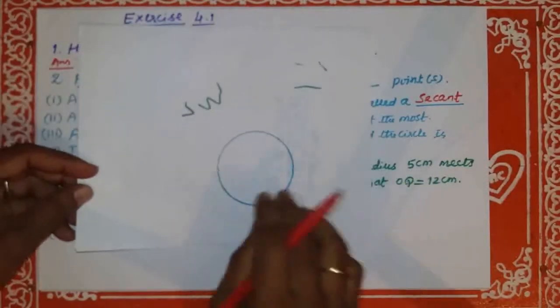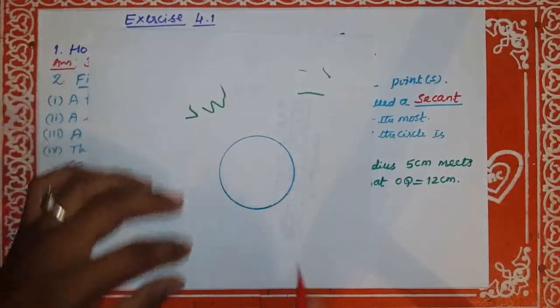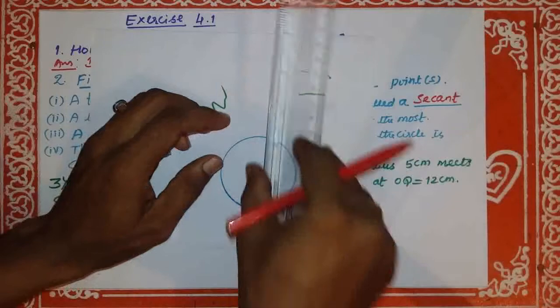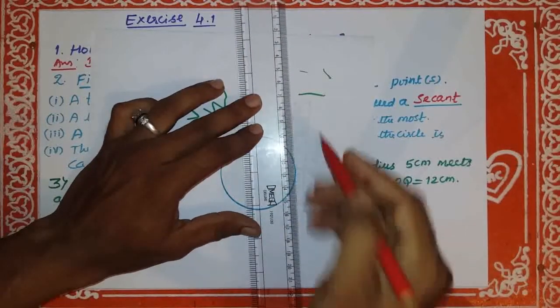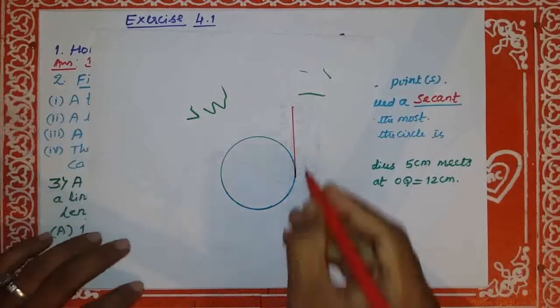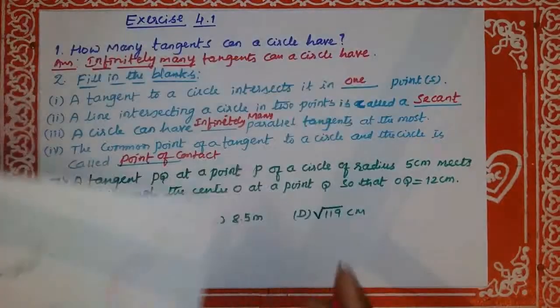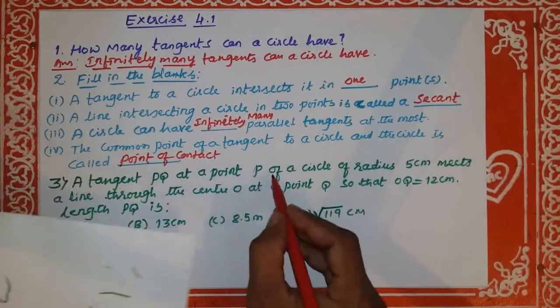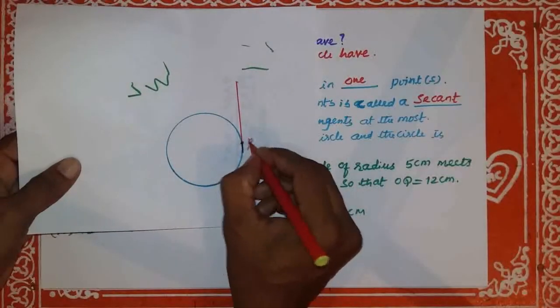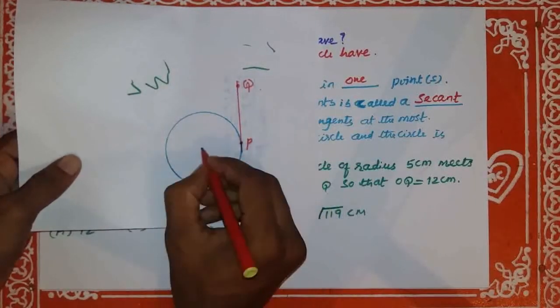I will draw the circle here. Okay, and PQ is a tangent at a point P. See, PQ is a tangent at a point P.